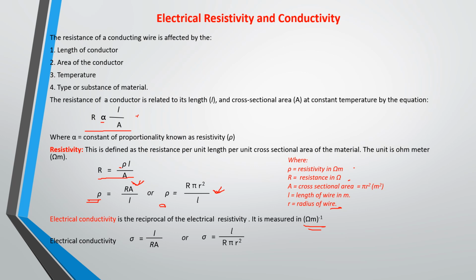That gives you conductivity. Just as we have equations for resistivity, we have equations for conductivity. Depending on the equation that you're given, you can use any of them to solve for what you want to solve. So right away, let's go and solve some problems.